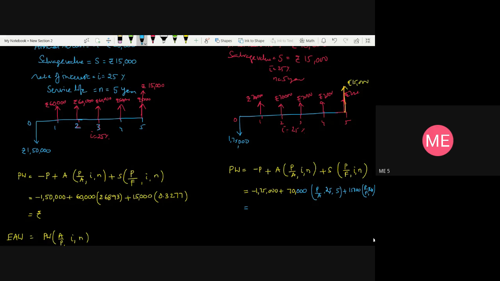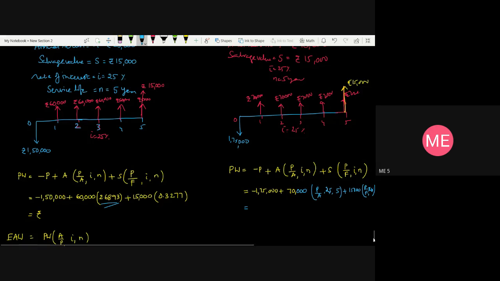So by using this, I'll be getting the factors. P by A 25 comma 5, for 5 years, is 2.6893. That is the same as what we used here.